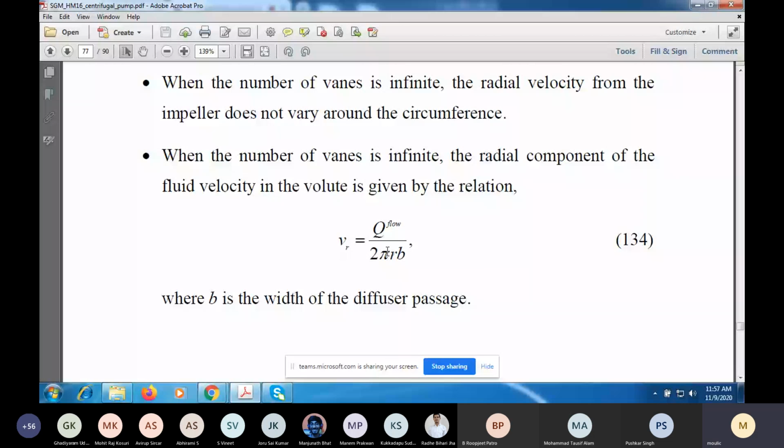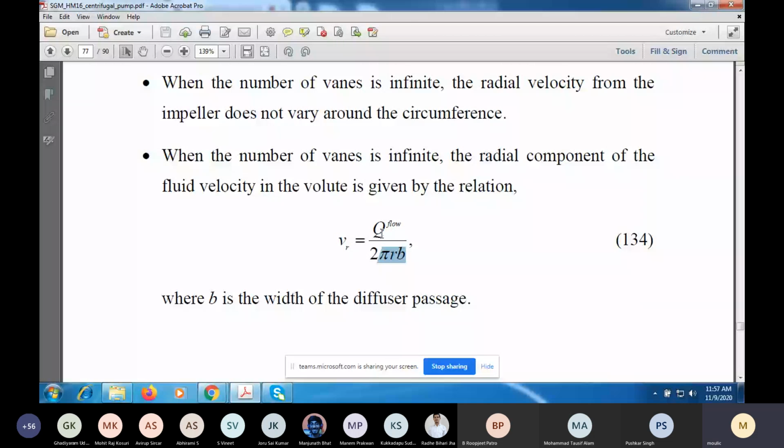You must have studied inviscid flows in your second year, and you might have studied a line source, where you imagine that the fluid is coming out of the origin with constant flow rate. So in the volute casing, your Vr will reduce as 1 upon r.